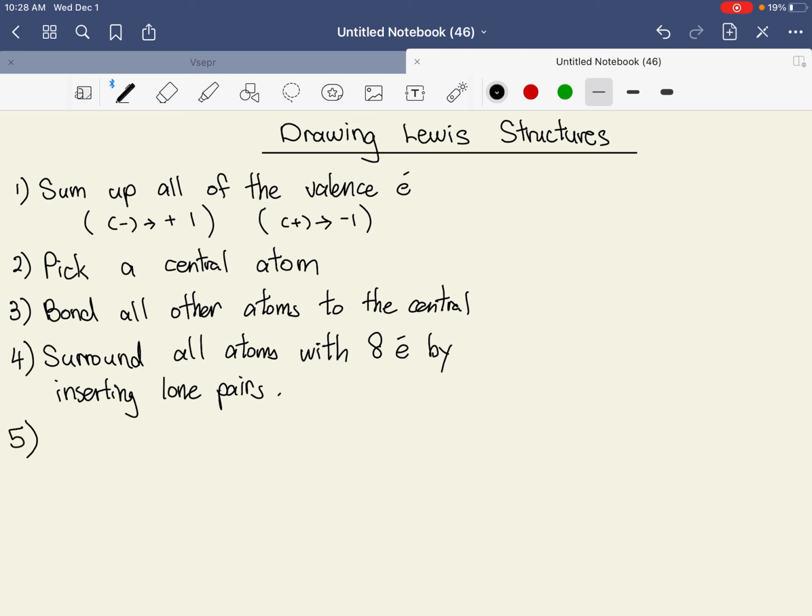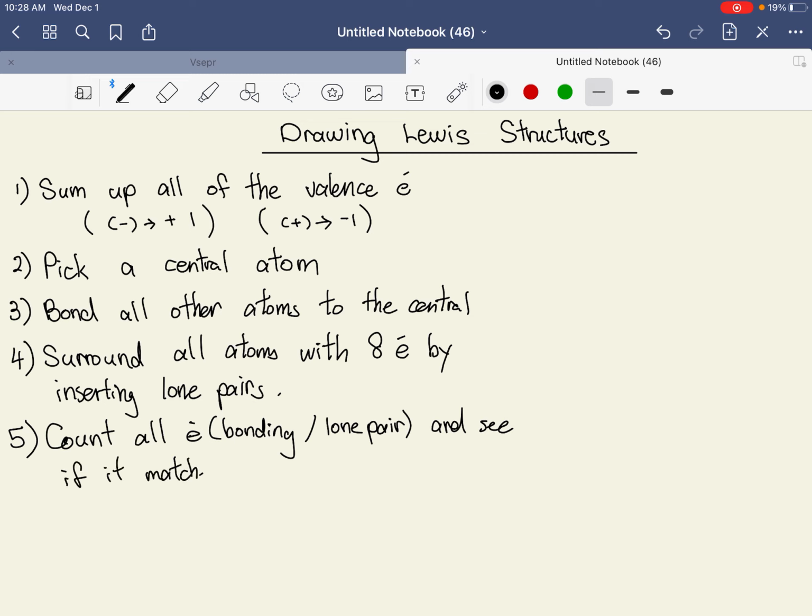Number 5. This is the one. If you have your structure correctly, this will be great. So count all electrons, either bonding or lone pair, and see if it matches the number that you got in step 1.